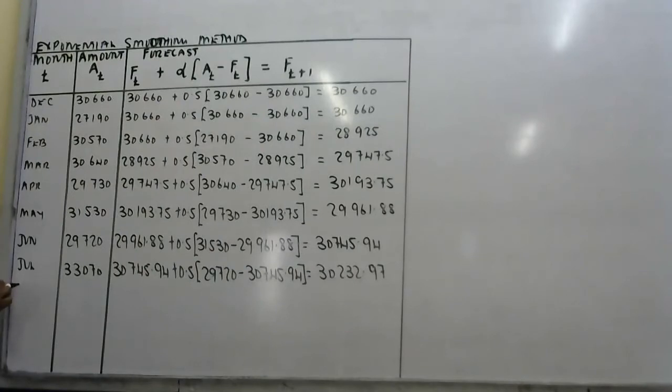This other one is August. You're getting a different value from the others. Have we confirmed? This one, okay.